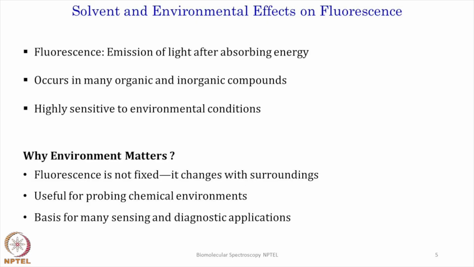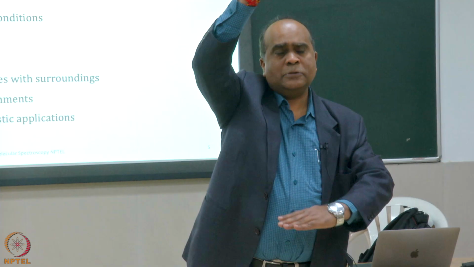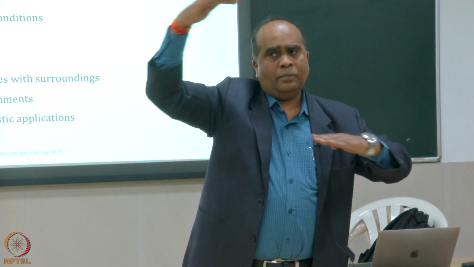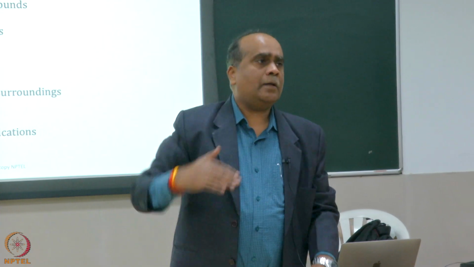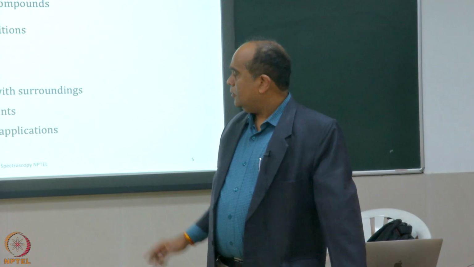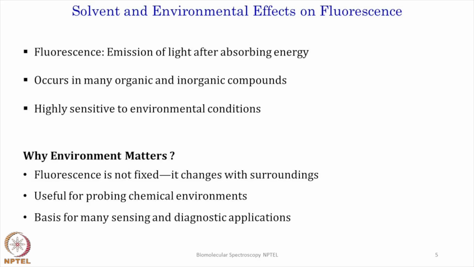Why does environment matter? Because fluorescence is not a fixed phenomenon. It changes depending upon the surroundings. And the basic concept we already discussed: suppose this is the energy gap between the lower state and the higher state, it can change depending upon what is nearby, what is in the solvent, what is in the surrounding. So, this change actually enables us to probe the chemical environment of a fluorophore, right.